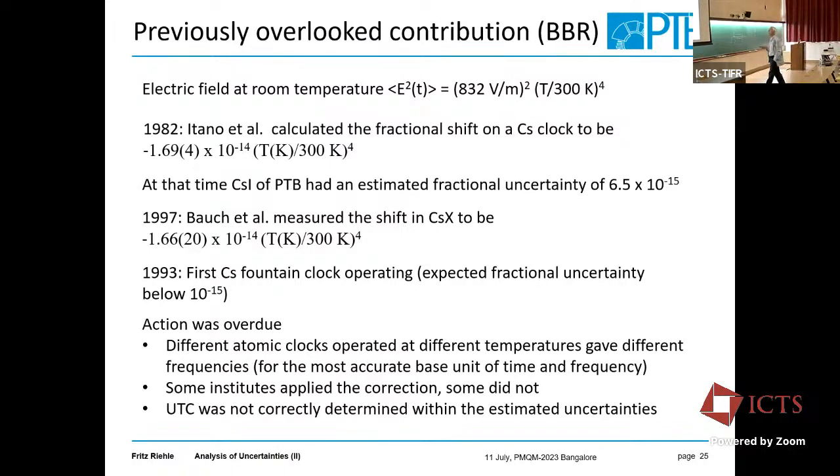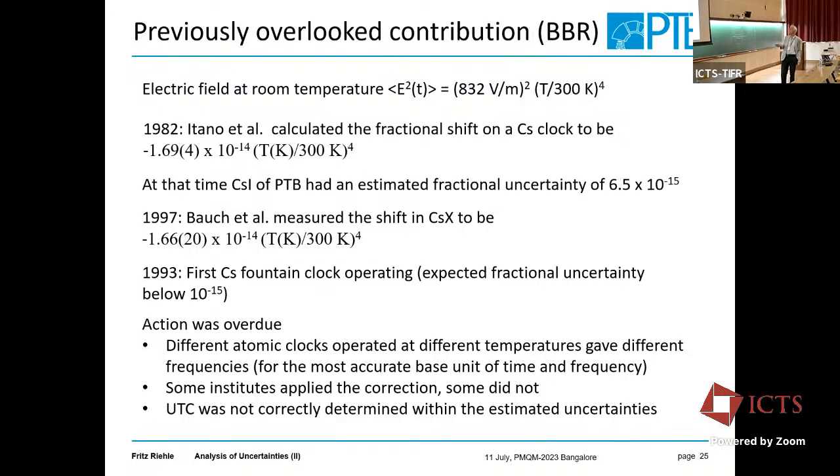Different atomic clocks were operated at different temperatures, and so they give different frequencies. But these most accurate clocks were used to realize the base unit of time and frequency, the second. Oops. Some institutes applied the correction, some did not, even worse.